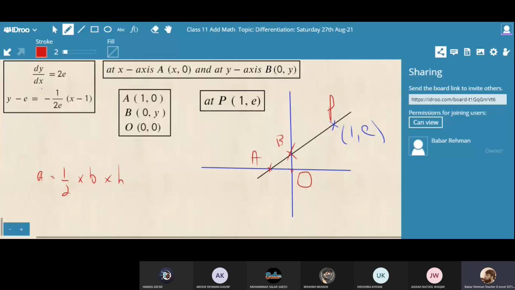Send the picture of your work in the chat box where you found the values of A and B. Jarsa, you can also send a picture. Salar, I want to see your working. Hurry up.